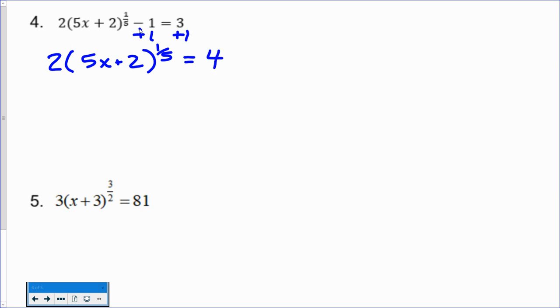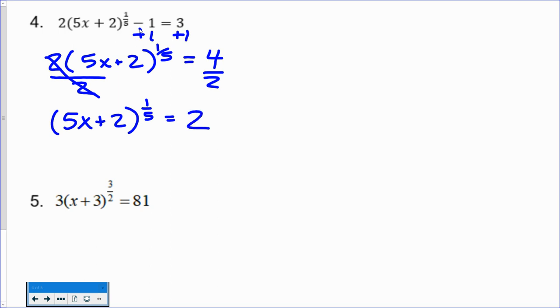I cannot distribute that 2 times the 5x and the other 2, because that is being raised to the 1/5 power, and the 2 that's on the outside is not. So I'm not going to distribute. I'm going to divide by 2 to undo it and continue to isolate what is being raised to that rational exponent. So now I've got 5x plus 2 to the 1/5 power equals 2.